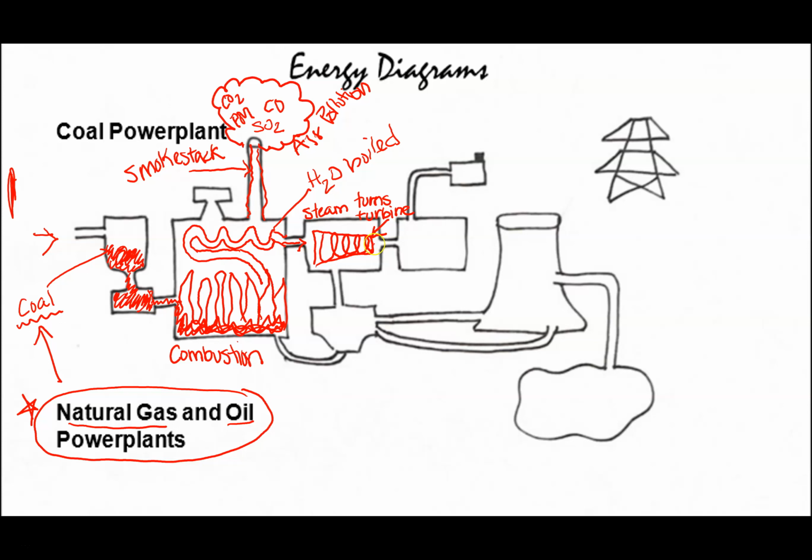This turbine is connected to one more mechanism, and that is the generator. It's right here, generator. So the generator is generating electricity from the turns of the turbine, which are being turned mechanically by the steam.